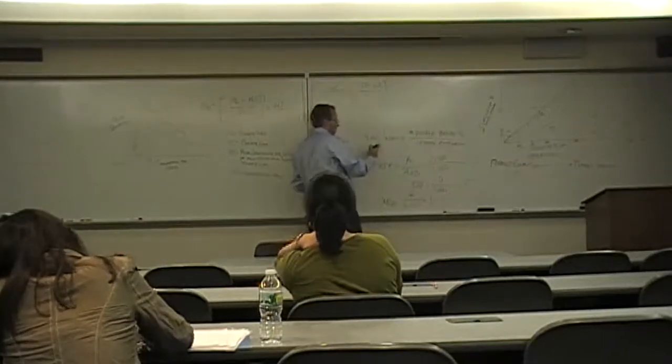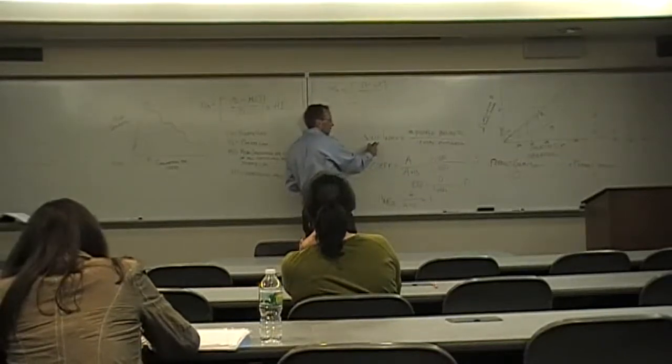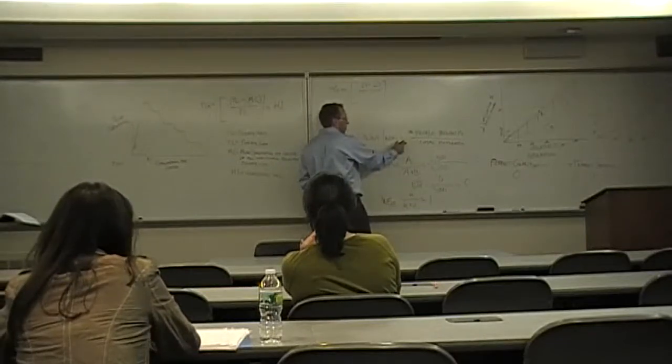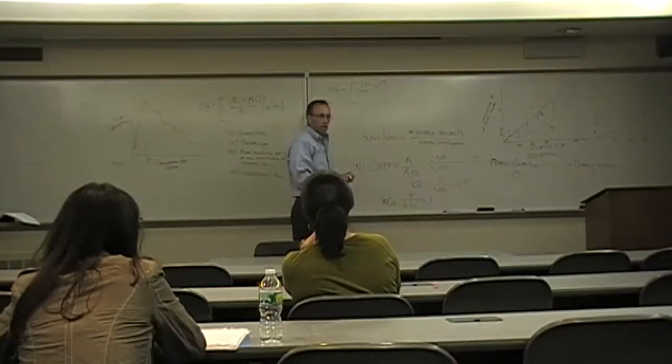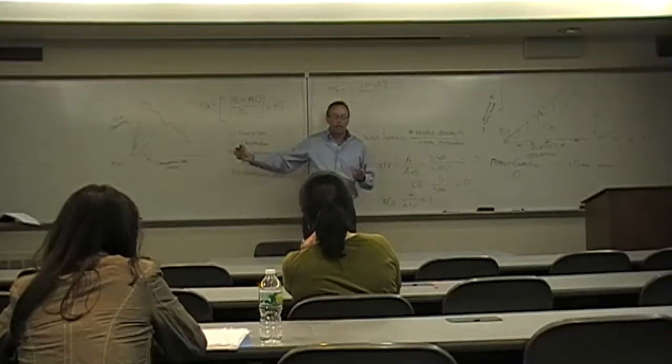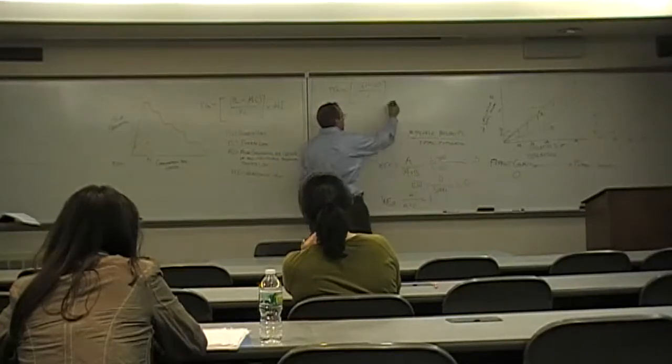Now, the Headcount Index we already talked about is the number of people below the poverty line over the total population. So let's say it's 10% of the population.